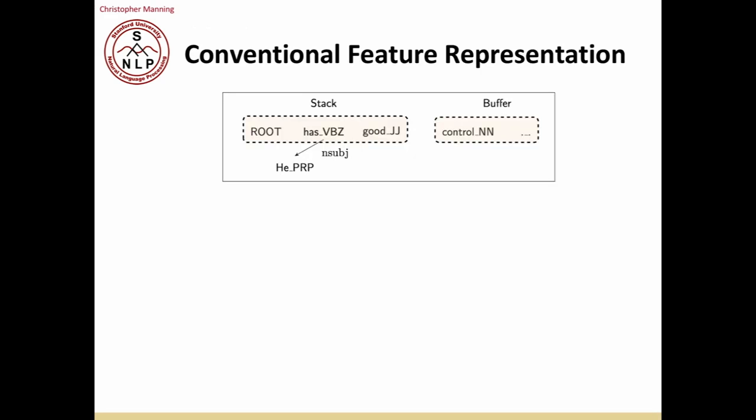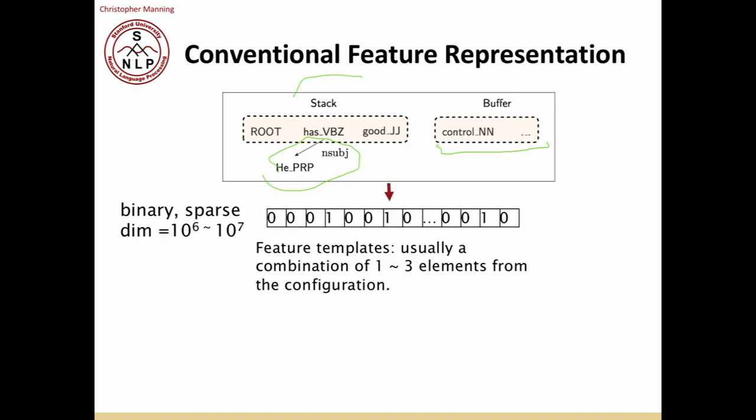Okay, so this is the conventional way in which this was done: we have a stack. We might have already built some structure of working out something's dependent of something. We have a buffer of words that we haven't dealt with, and we want to predict the next action. So the conventional way to do this is to say, well, we want to have features.